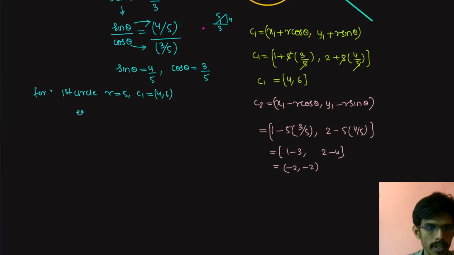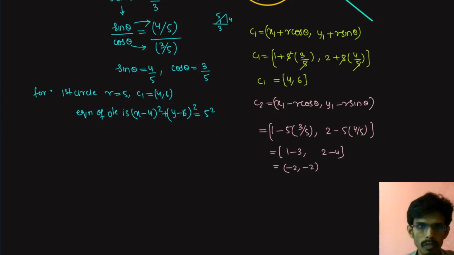So the equation of the circle for this is x minus h whole square, h is 4 here, plus y minus k whole square, k is 6 here, y minus 6 whole square, equal to r square, r is 5, so 5 square. Now this is one of the equations of the circle. You can expand this or you can leave it here.